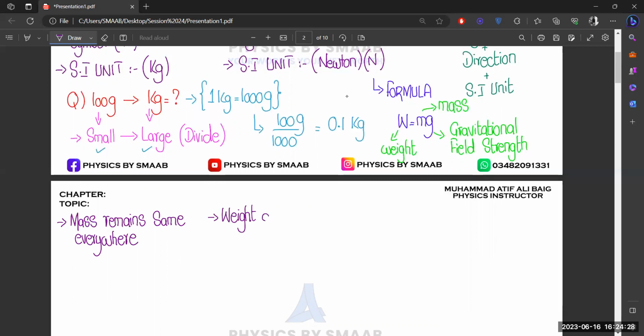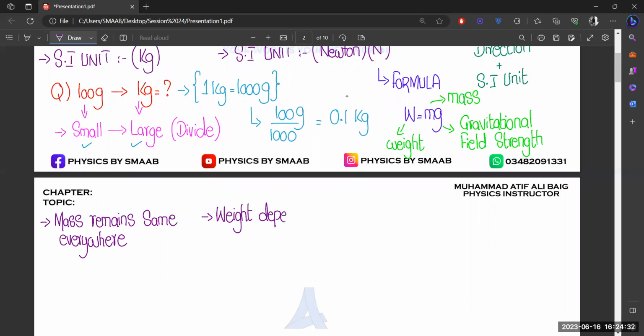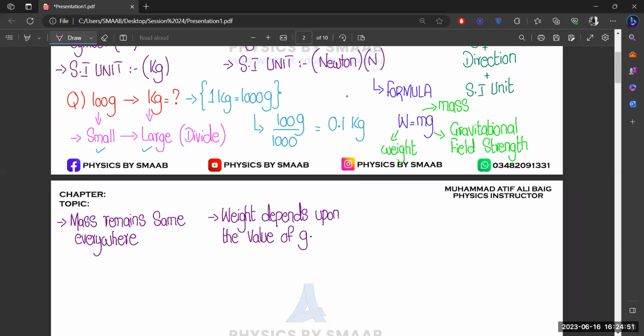Basically, weight depends upon the value of g, right? So there is a very important difference between mass and weight. That is, mass remains the same everywhere, and weight depends upon the value of g.